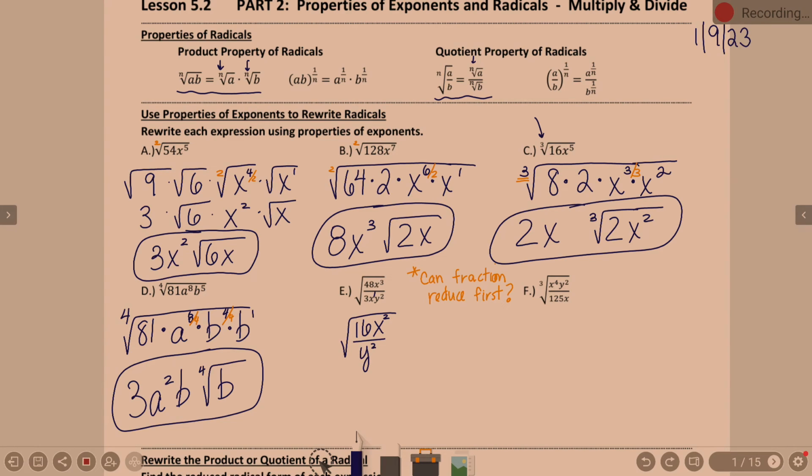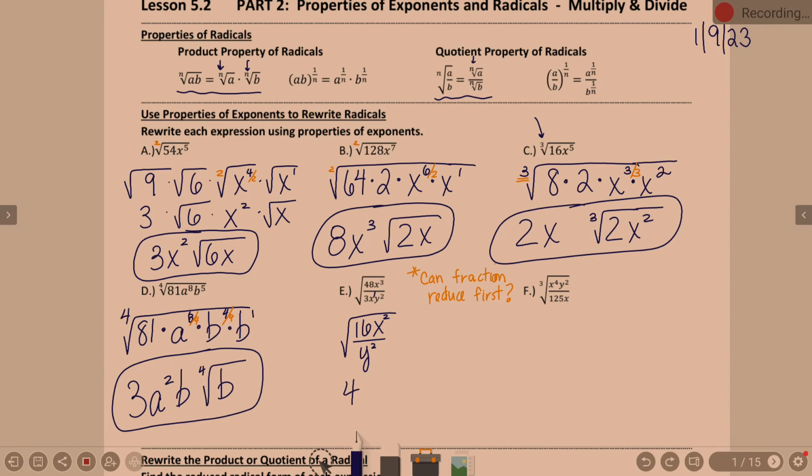By catching the fact that we can reduce first, we just made this problem 100% easier, because it would have gotten a lot messier if you had tried to do square roots first. What's the square root of 16? 4. What's the square root of x to the second?